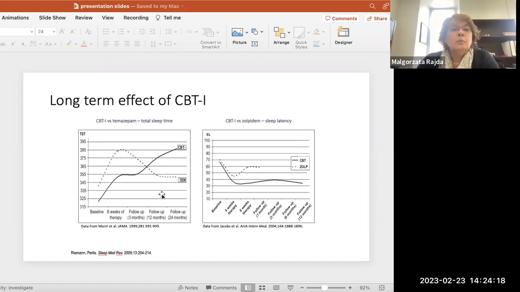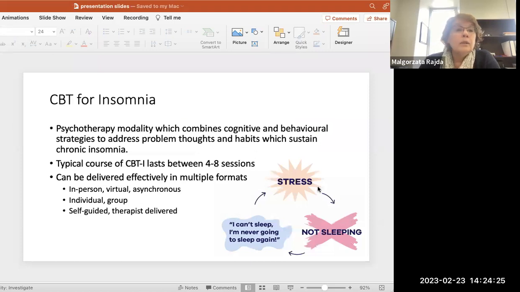That's with respect to both total sleep time as well as latency to sleep. Need I say more?